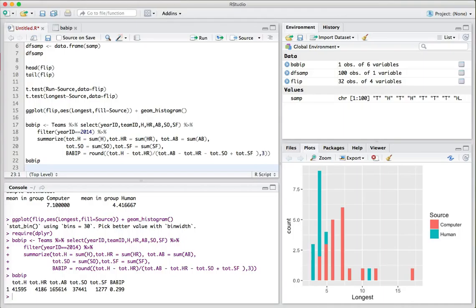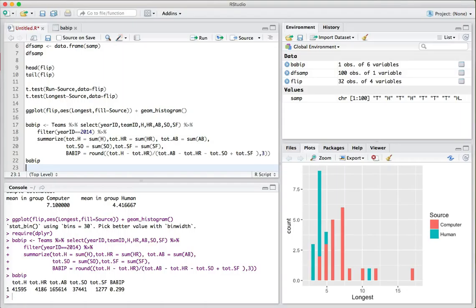And in fact, that is what we have discovered, is that BABIP is pretty close to .300. That seems to be the mean BABIP, and you can get variation above and below, but essentially the odds of a batted ball falling into spaces between fielders for a base hit is about 30%.